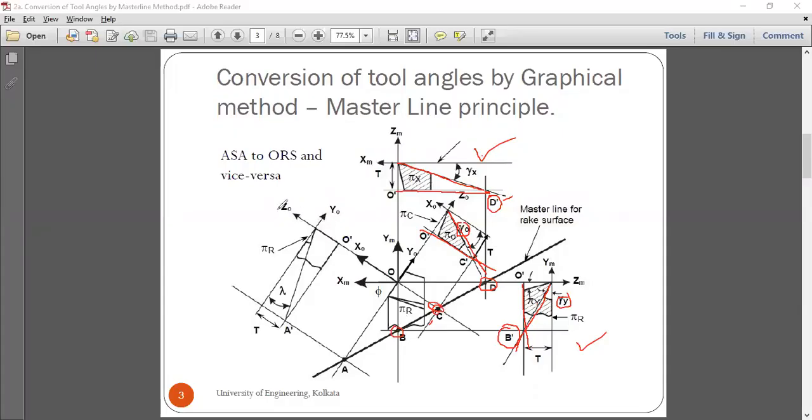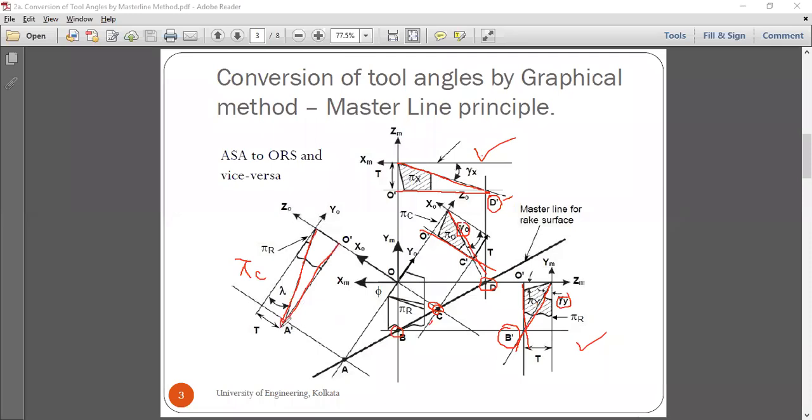Again, if we consider this pi C plane, this is the view on the pi C plane. So if we view on the pi C plane, this is the angle of inclination, and the angle of inclination gets intersected with the base plane at this point A dash.